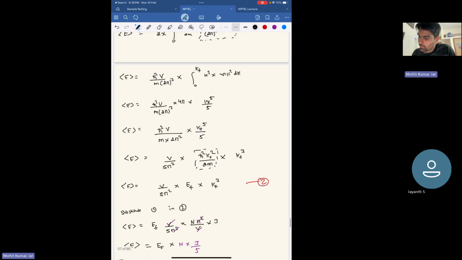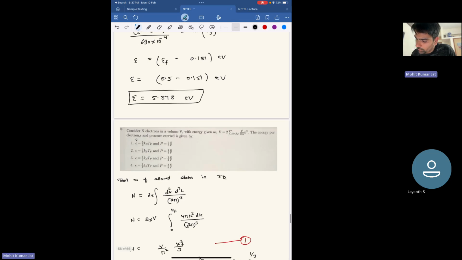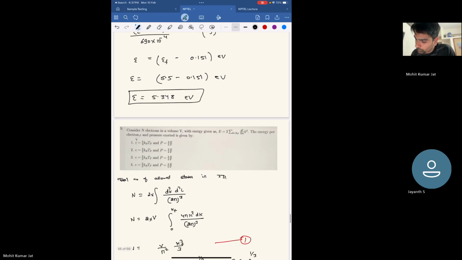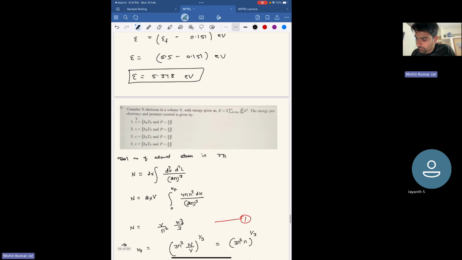Let's just see whether this is the option. Degeneracy pressure should be 2 by 5 times n times EF, but here they are asking it in terms of E by V, basically the total energy.